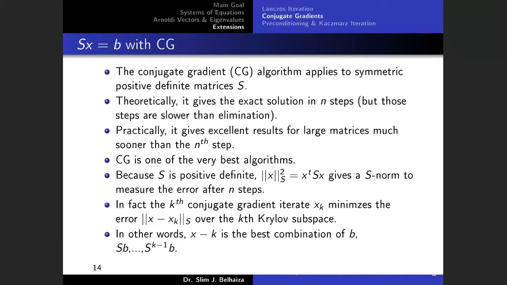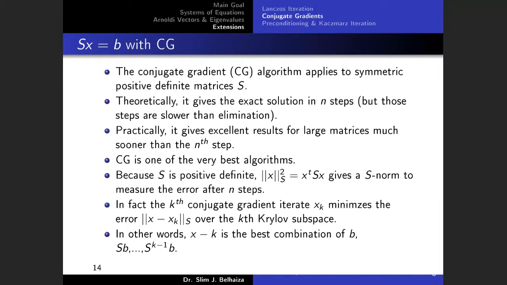You heard about conjugate gradient before, Kaczmarz, if you did linear optimization or linear programming. So nobody is answering. I'll answer myself. Yes, you heard about it.